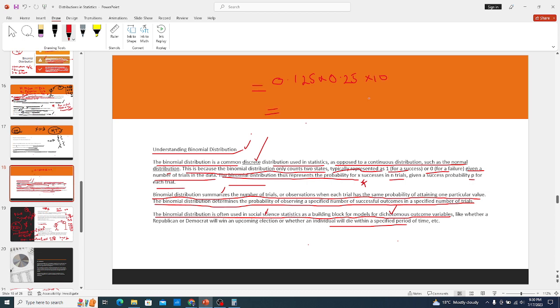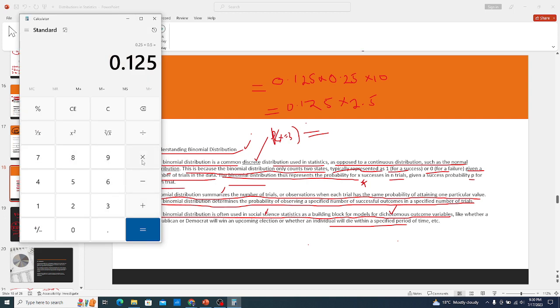So in this case, it will be 0.125 multiplied by 2.5.